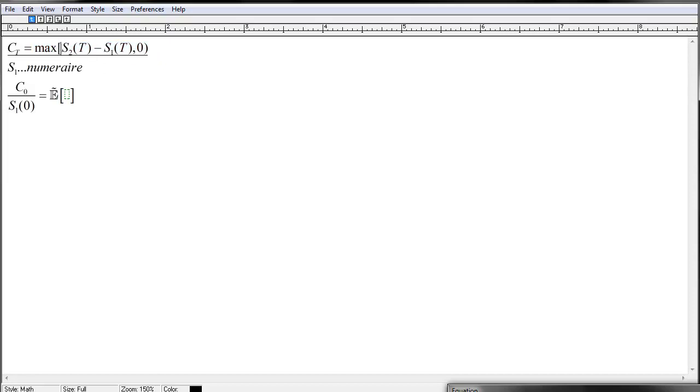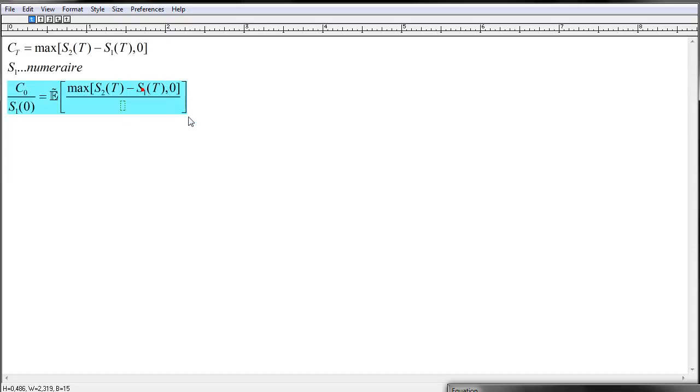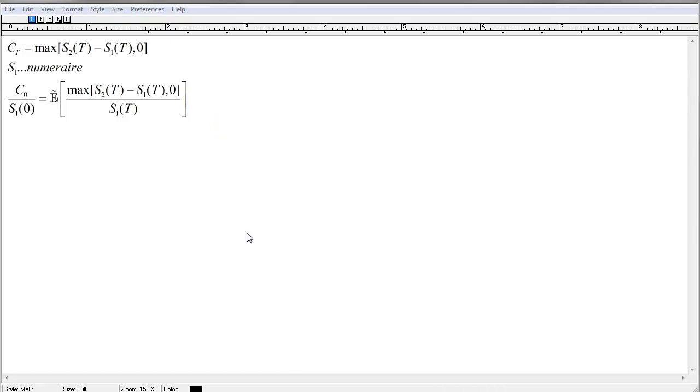Maybe I should choose these brackets, this is more common. Divided by the value of the numeraire at time t. Okay, so I get something like this, and now I will simplify this expression.